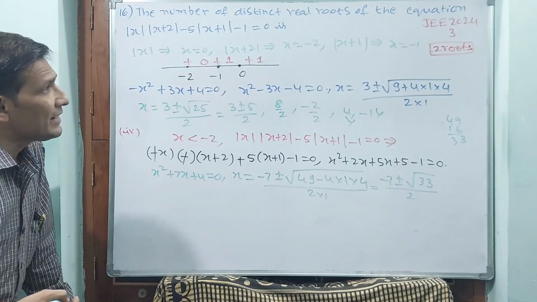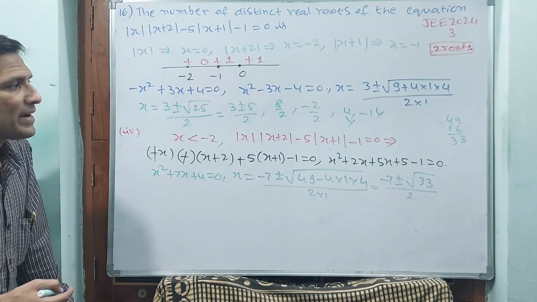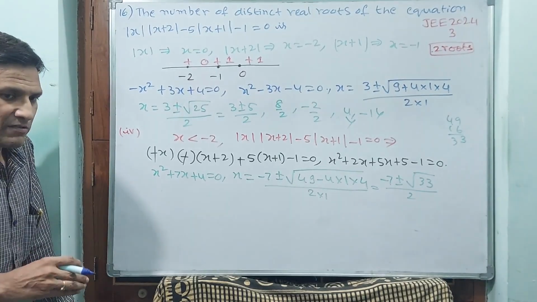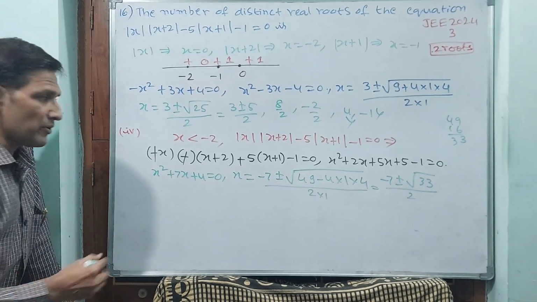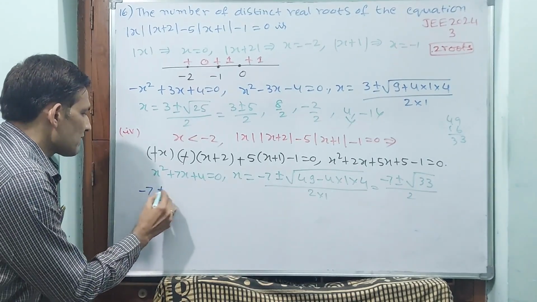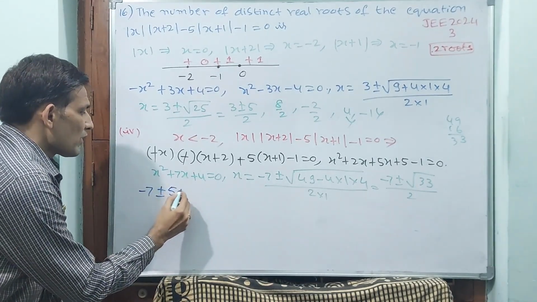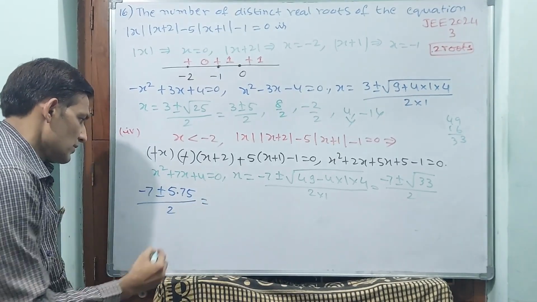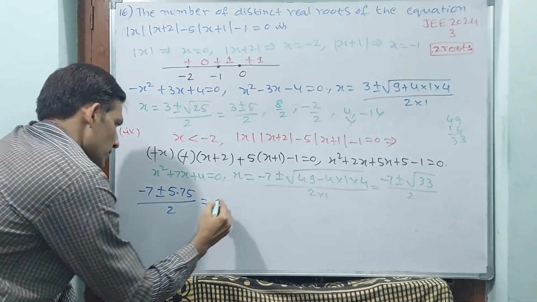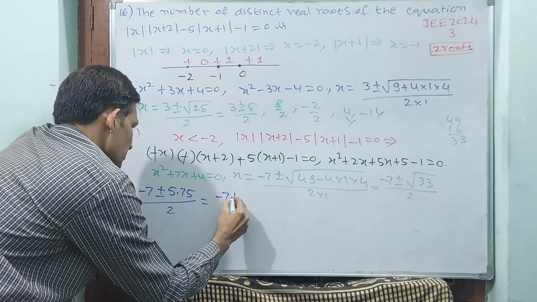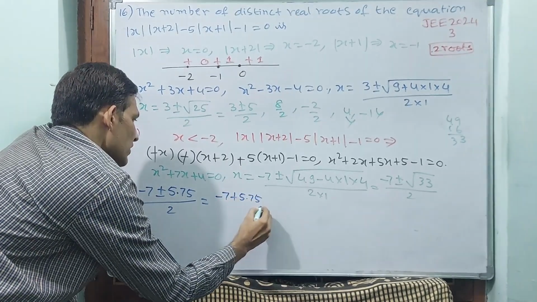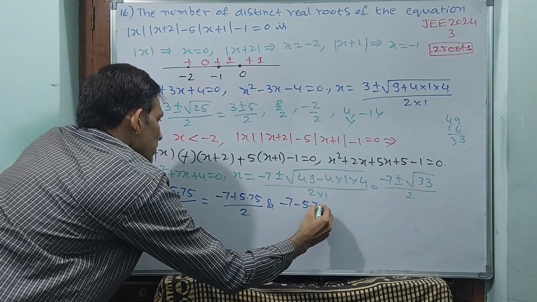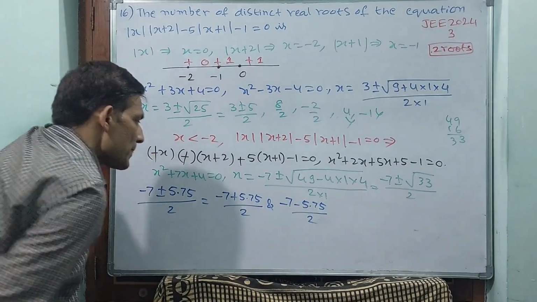I have already calculated, I said 5.75. Why? Because 6 squared is 36, 5 squared is 25, so root 33 is about 5.75. Let us take 5.75. Minus 7 plus or minus 5.75 divided by 2. Minus 7 plus 5.75 by 2 and minus 7 minus 5.75 by 2.